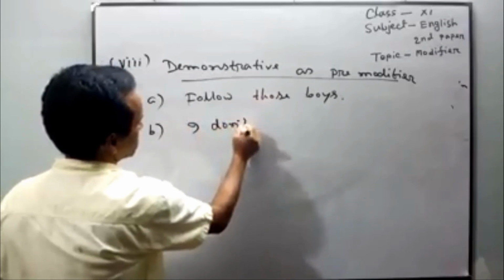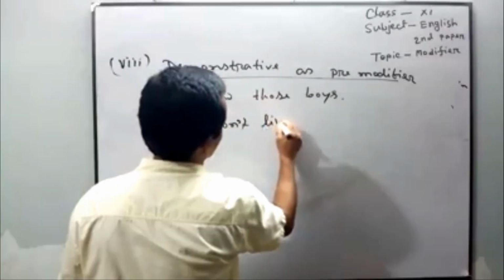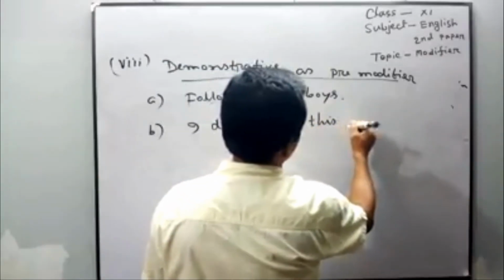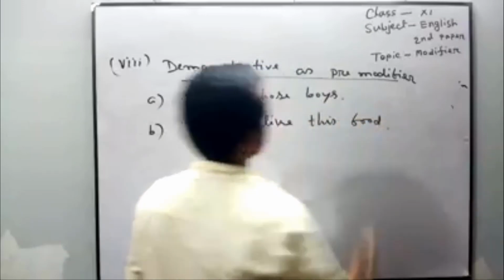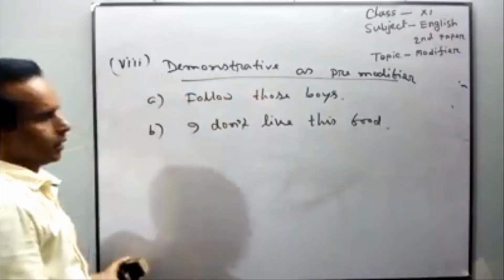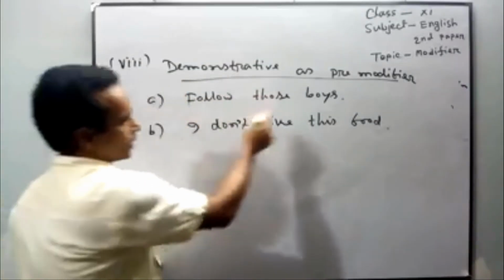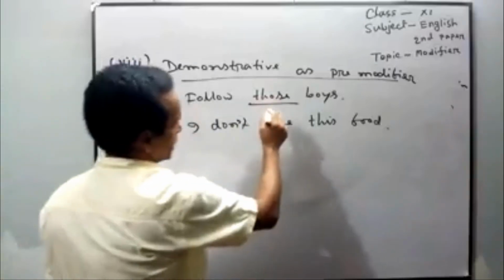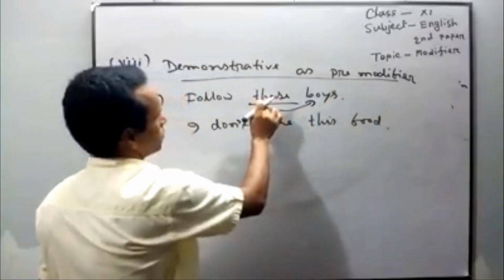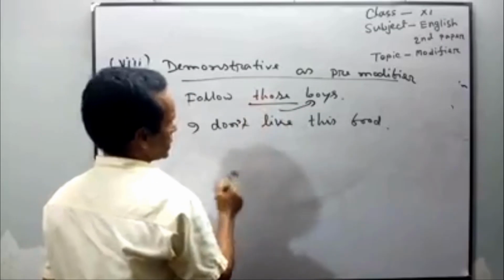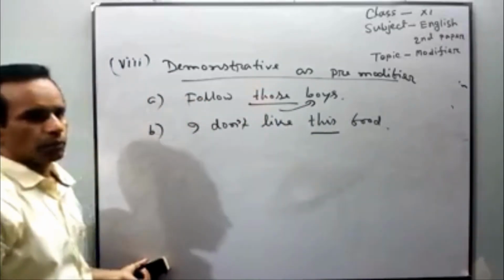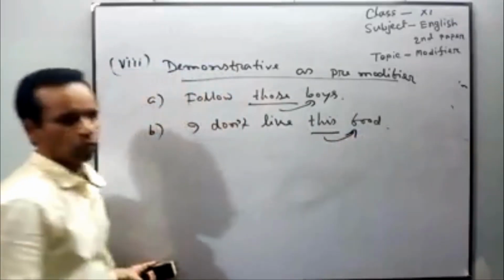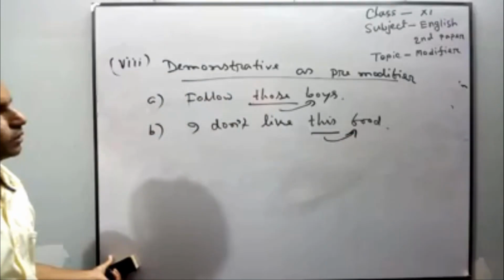I don't like this food. Here in the first sentence, those is demonstrative and it has qualified the word boys, so this is pre-modifier. And in the second sentence, this is demonstrative and it has qualified the word food, so it is pre-modifier.